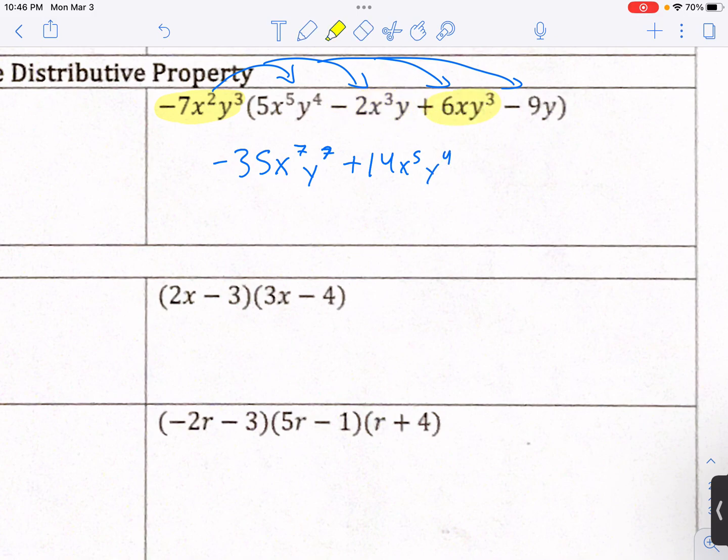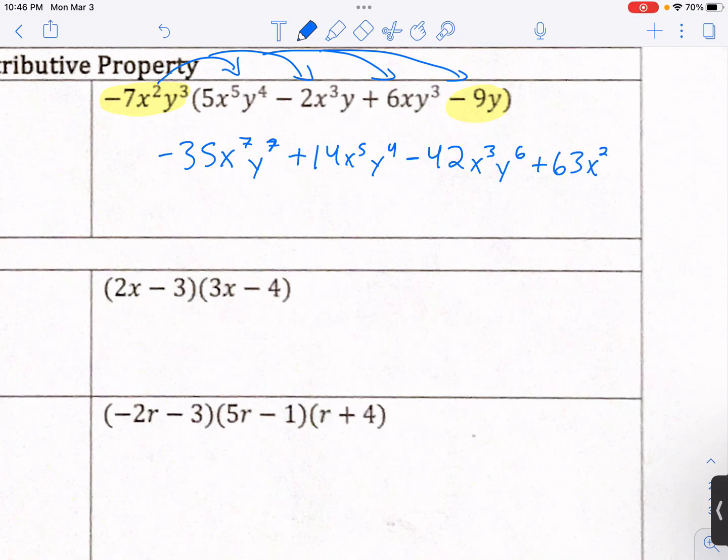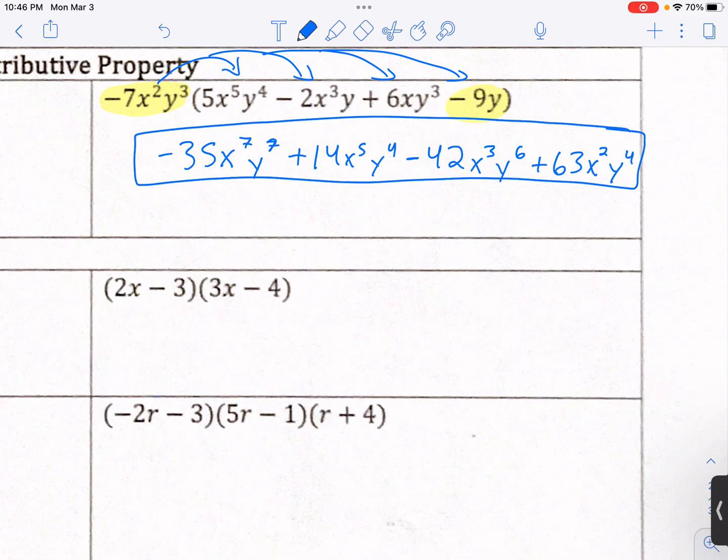Okay, on to the next one. I'm going to get negative 42, x to the 3rd, y to the 6th. And then we get positive 63, x to the 2nd, because there's no other x's, and then y to the 4th. Okay, and that's what you should get on this one.